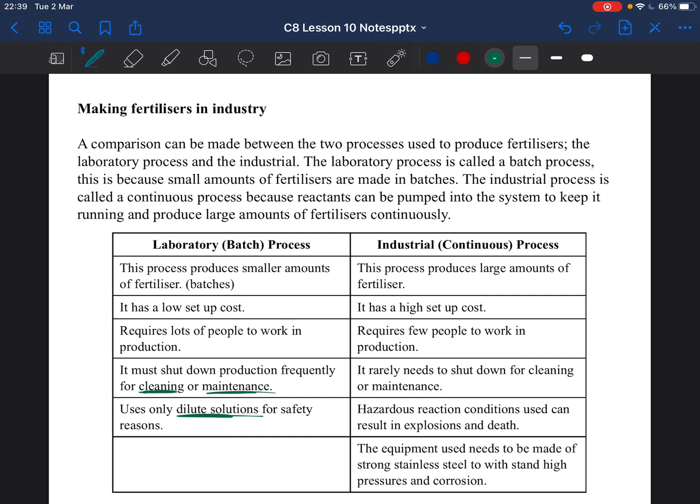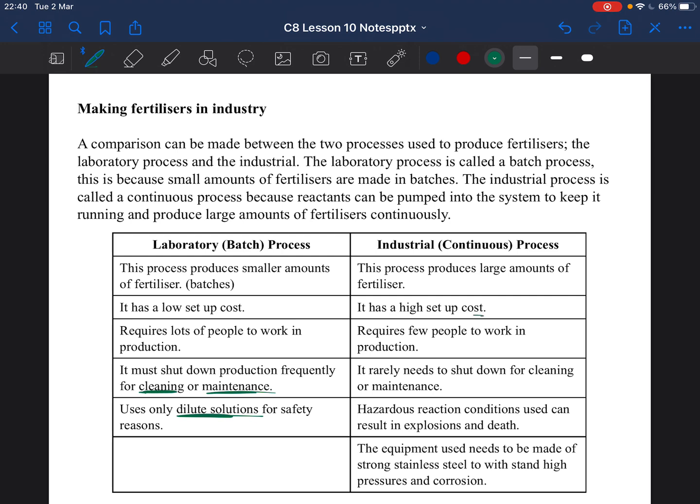They more monitor the processes than actually perform the reactions. You only have to shut down very rarely to clean or maintain your buildings. And you can use hazardous conditions that you can't do in other settings. The only issue we have with that is sometimes those hazardous conditions can cause explosions and death.